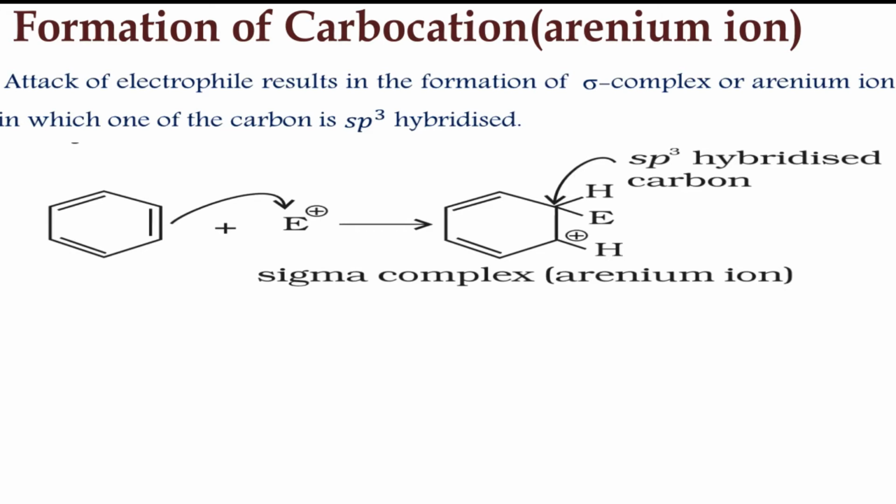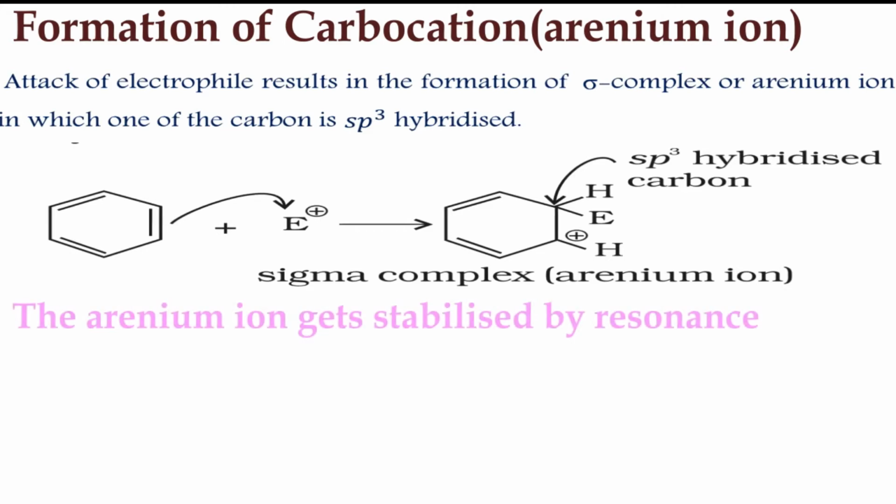So this electrophile will attack that electron-rich sp2 hybridized carbon atom and break that double bond, and convert it into arenium ion. So the other carbon becomes positive, that is, it becomes a carbocation. The arenium ion gets stabilized by resonance.